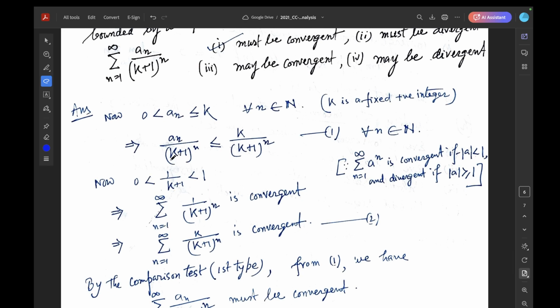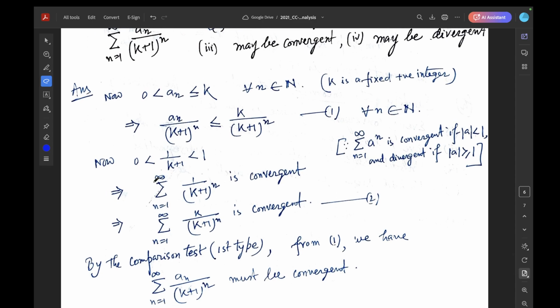Now 0 is less than 1 by (k plus 1), which is less than 1. This implies summation n equal to 1 to infinity 1 by (k plus 1) to the power n is convergent, because by the geometric series, the infinite sum of the series a^n is convergent if modulus of a is less than 1, and divergent if modulus of a is greater than or equal to 1. Since 1 by (k plus 1) is less than 1, this series is convergent.